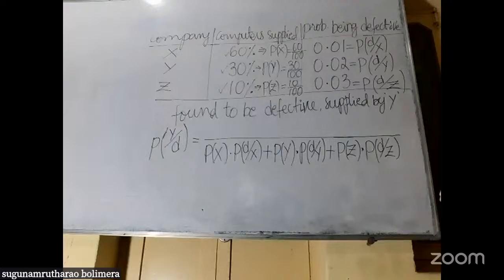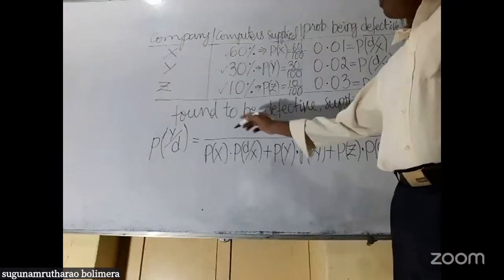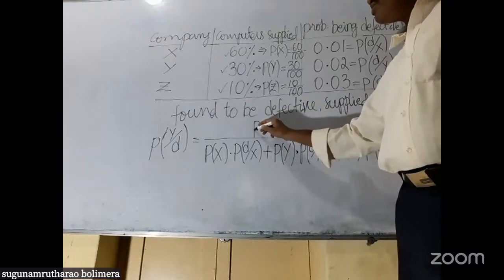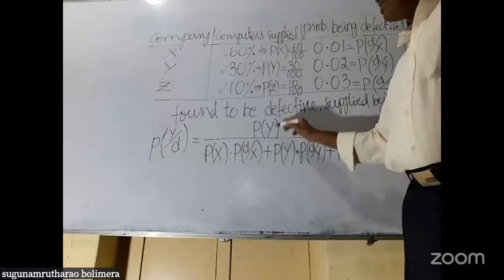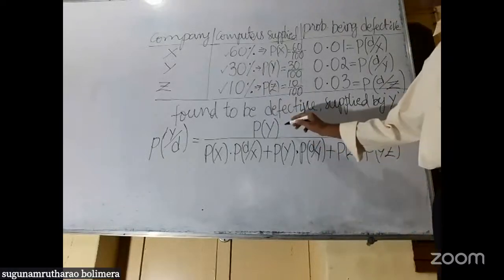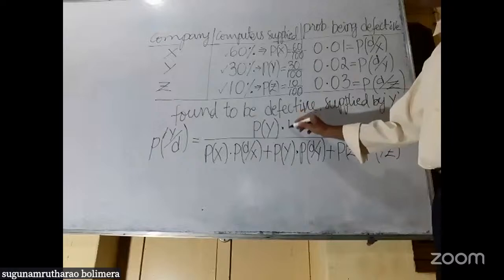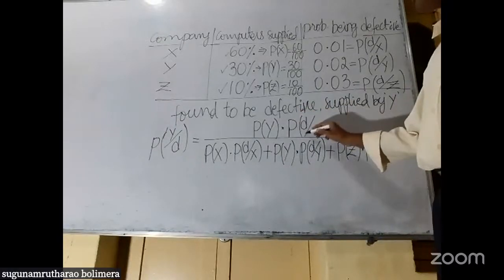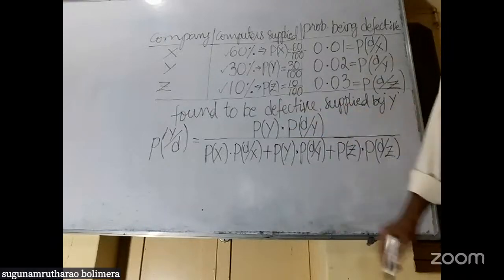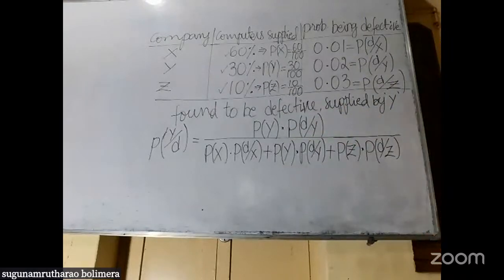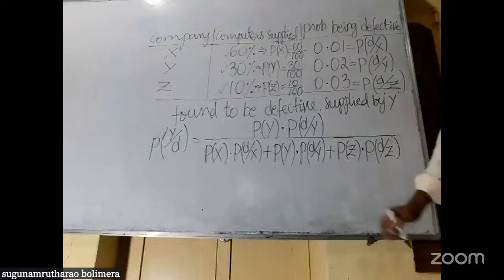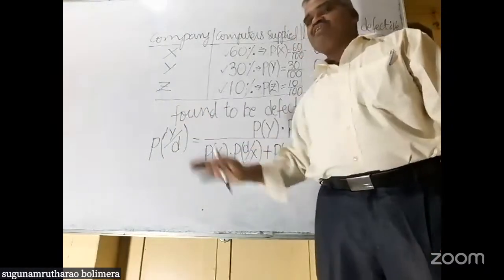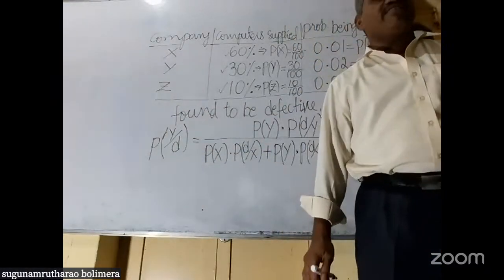What is favorable? It must be defective, so first the computer must be supplied by Y, and the probability of being defective given Y. First you have got a defective one, and we need to find that it must be supplied by Y. This is inverse probability.